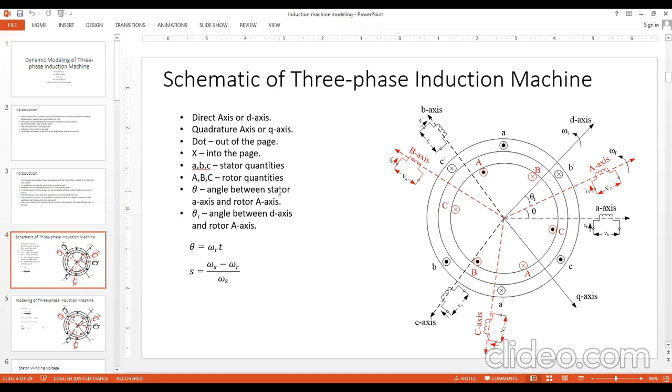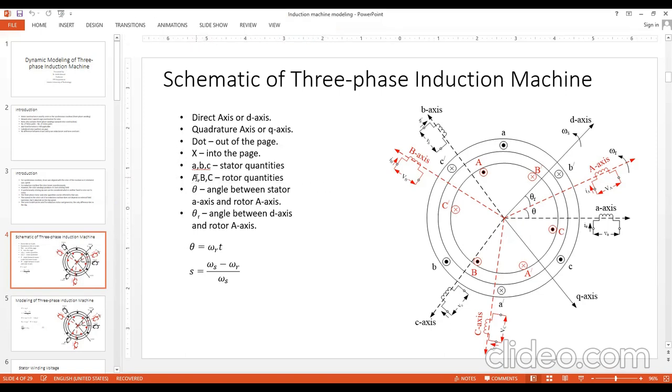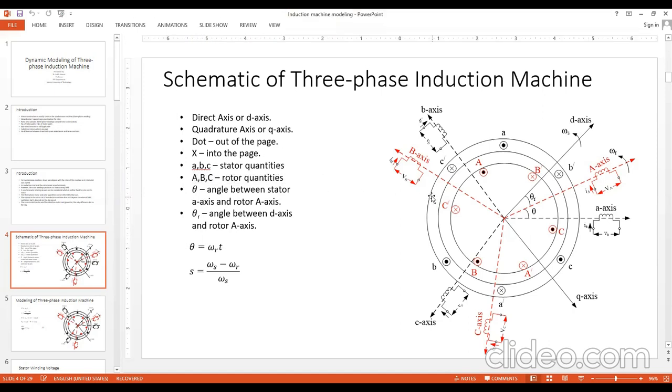So unlike the synchronous machine, in this case, especially if this is a wound rotor type, we will be having three physical sets of coils. In the rotor part, we will be having phase A, phase B, and phase C coils as shown in the diagram. You can clearly see that the small b axis, the small a axis and the small c axis belong to the stator coils.